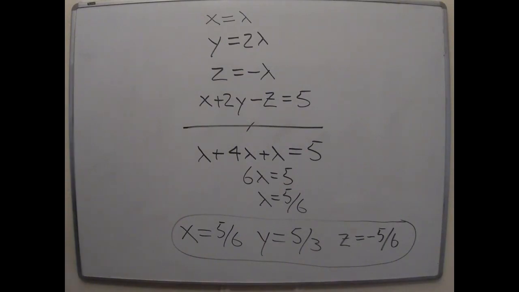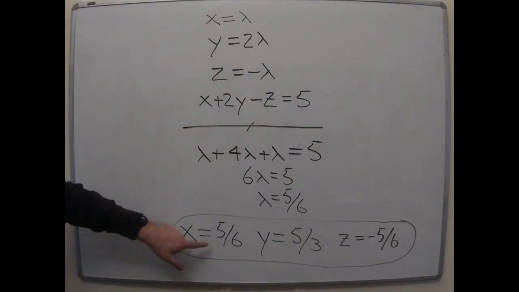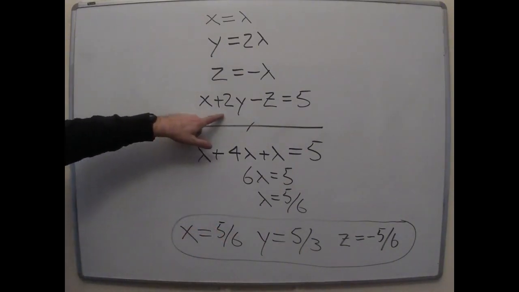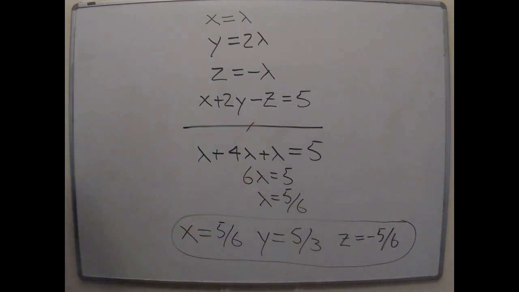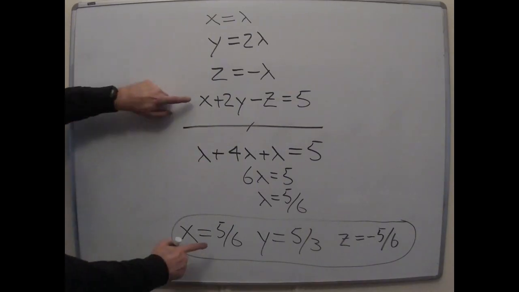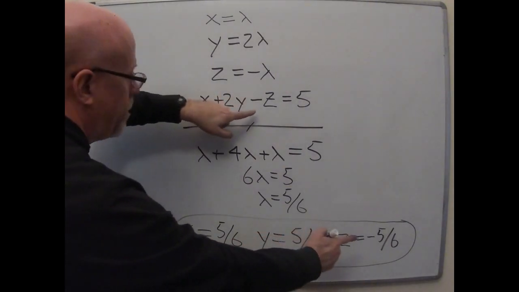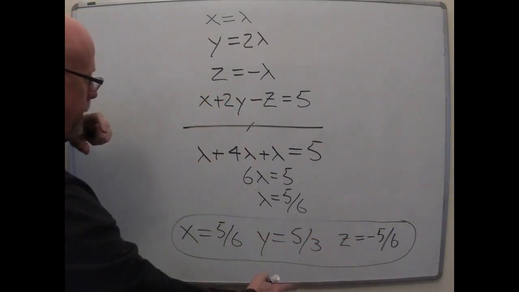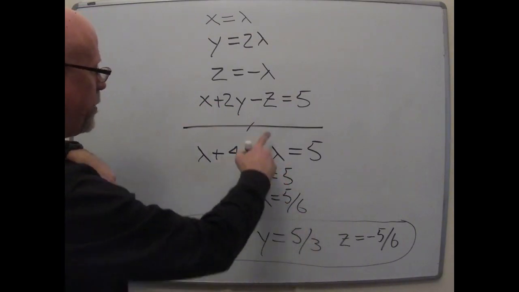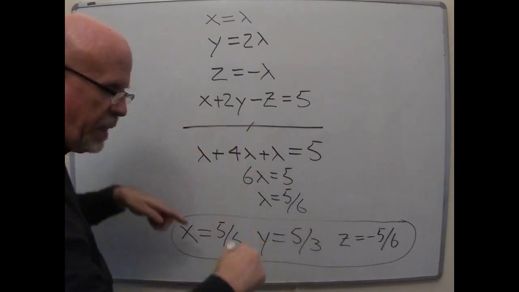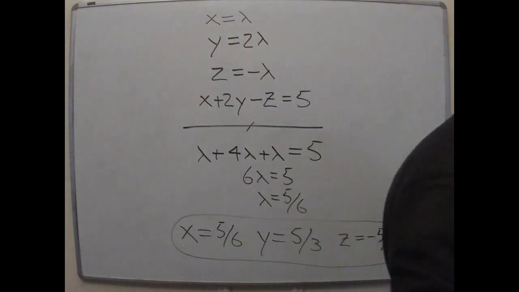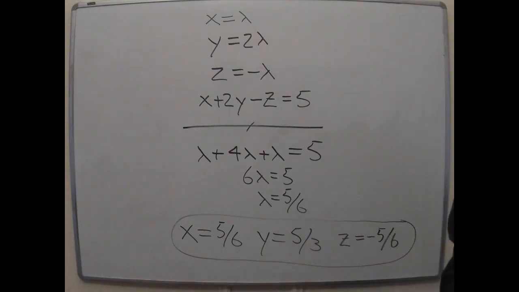I think we're supposed to go back and verify that this triple of values, x, y, and z, actually satisfies this constraining condition. But I believe we have already done that in this algebra. If you want to check, 5/6 plus 10/3 minus 5/6, though that's 10/6 because of these two, minus. So I'm just going to say, use your calculator to check it. That'd be good.